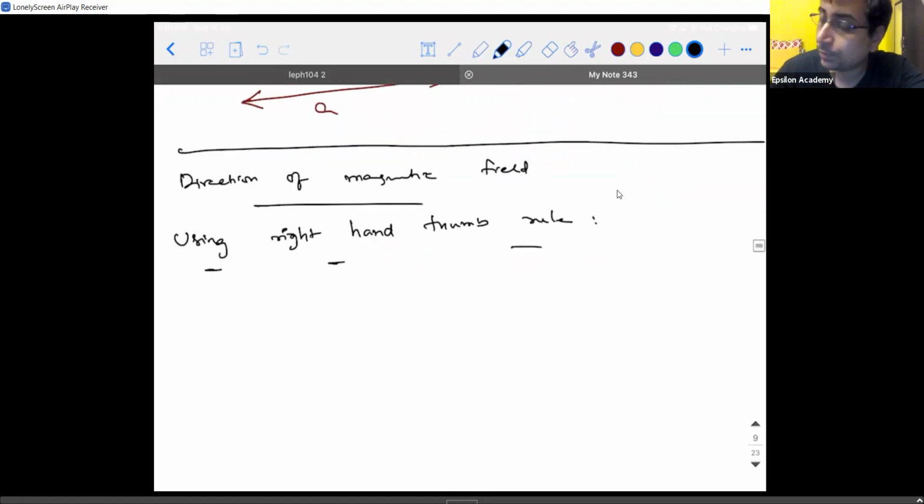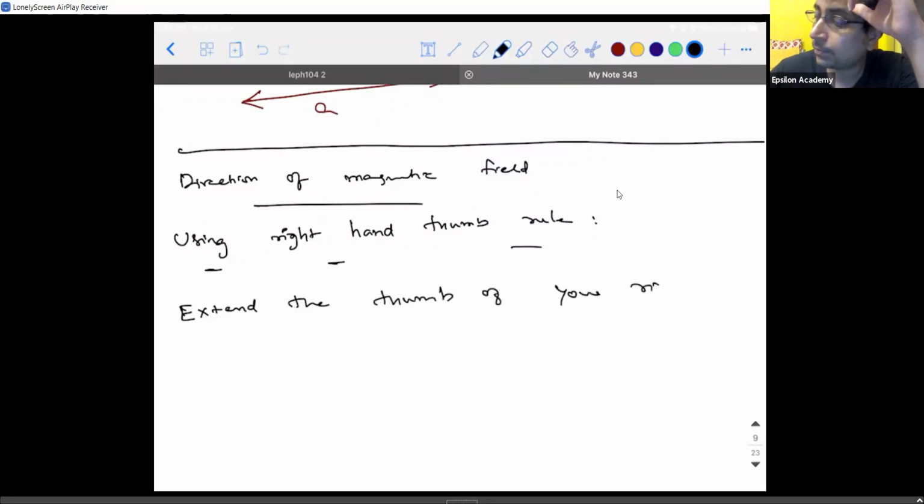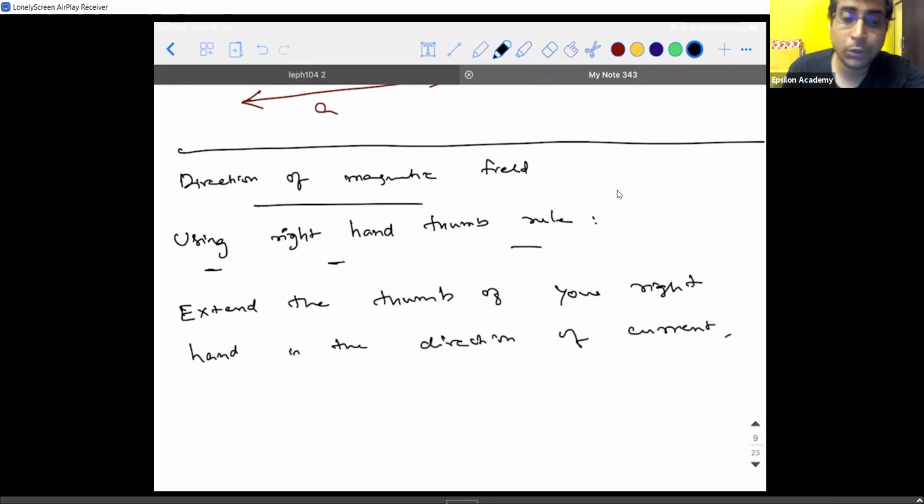It is very simple. Extend the thumb of your right hand in the direction of current.